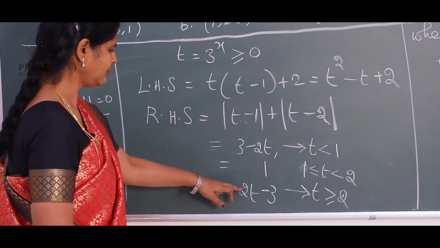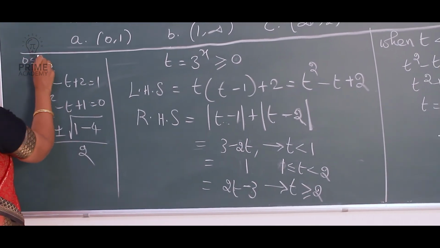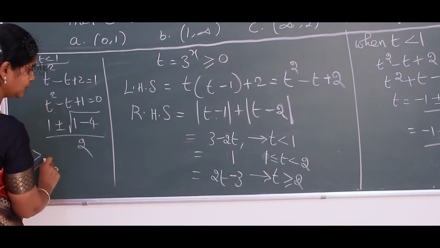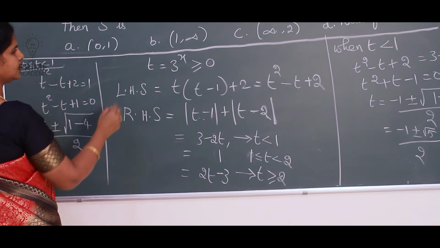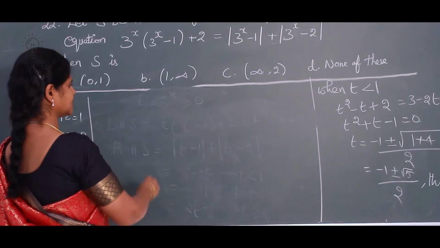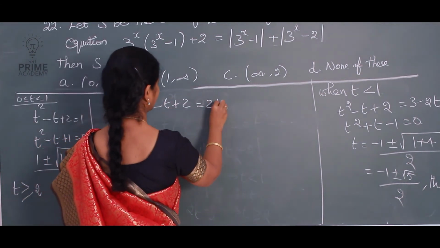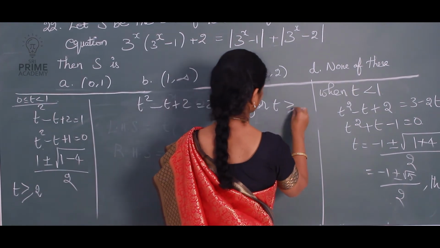Similarly, you substitute 2t minus 3 when t is in 0 less than or equal to t less than 1. Next, t greater than or equal to 2, what do you get? 2t minus 3, substitute in this equation. So next, t square minus t plus 2 equal to 2t minus 3 for t greater than or equal to 2.